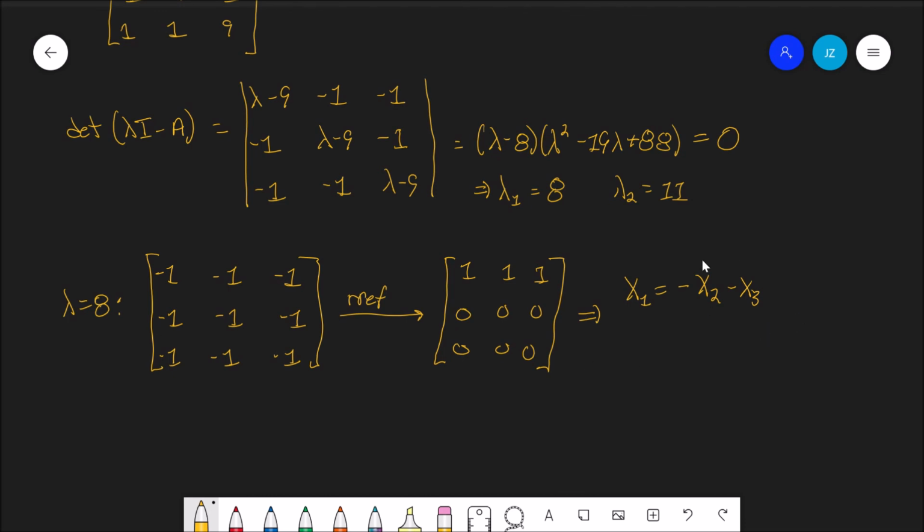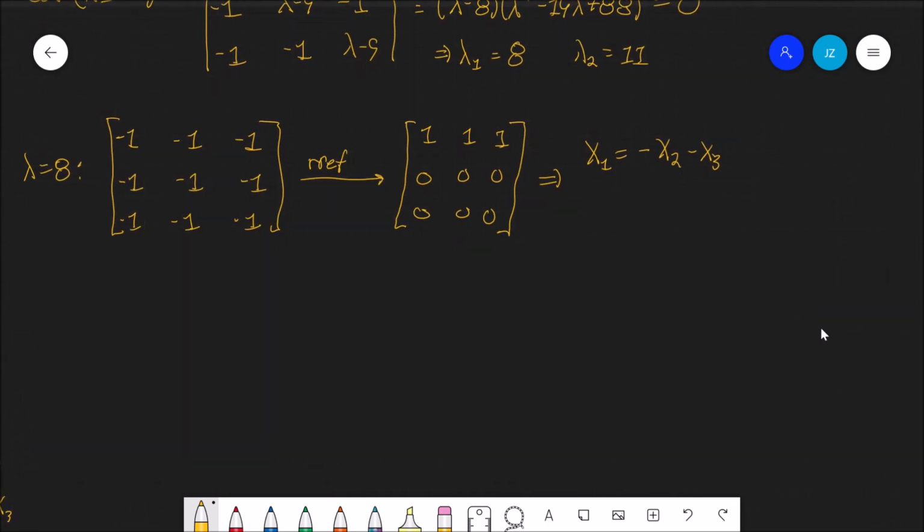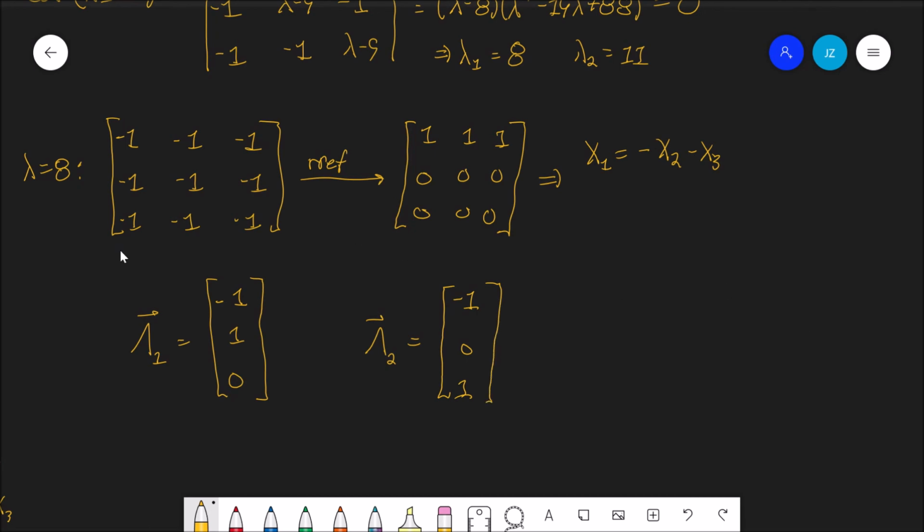So here we have two independent variables. So let's first set x2 to be 1, x3 to be 0. This will give us the vector negative 1, 1, 0. Now we can set x2 to be 0, x3 to be 1, and this will give us negative 1, 0, 1. So in this case, an eigenvalue gave us two corresponding eigenvectors.